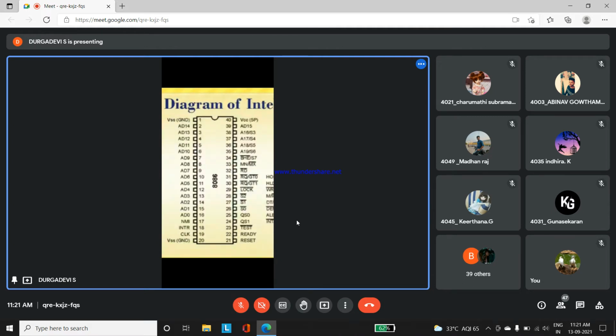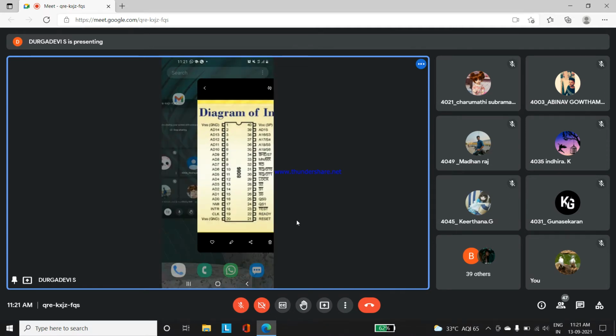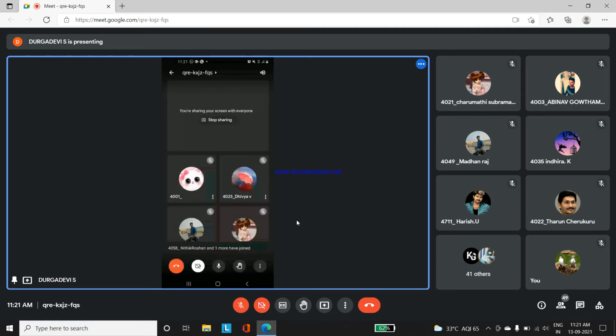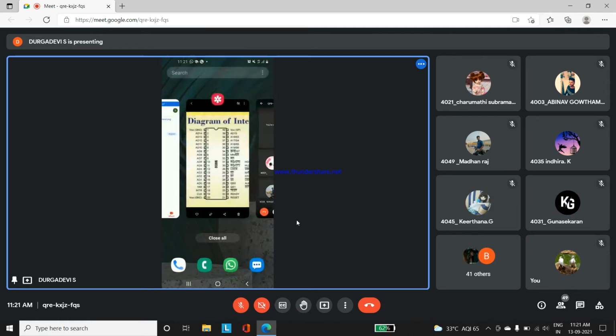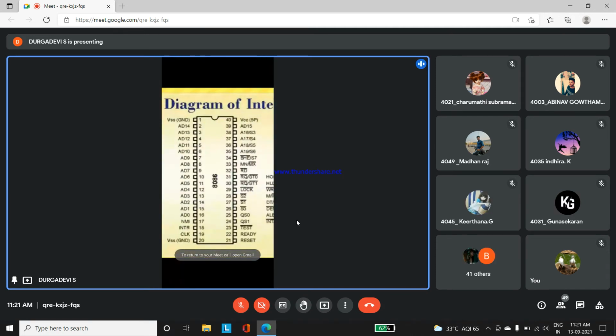For your 8086, first connect a supply VCC, then ground it and supply a clock. Which pin do you supply the clock to? Pin 19. So your clock generator should be connected to the 19th pin.